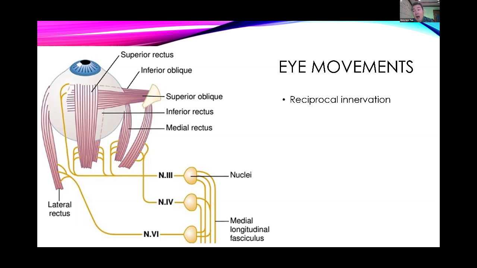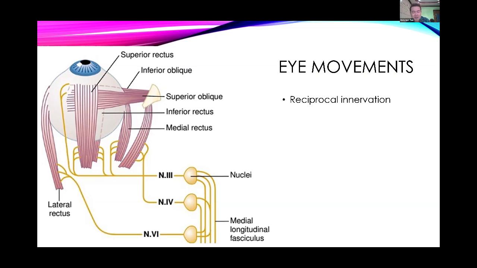Since they are what we call the cranial nerves, the nuclei of the cranial nerves are found inside the central nervous system, okay? So if you have a lesion in those nuclei, you can have a problem in the reciprocal innervation of those muscles innervated by those cranial nerves.